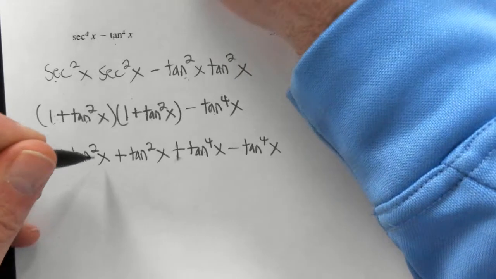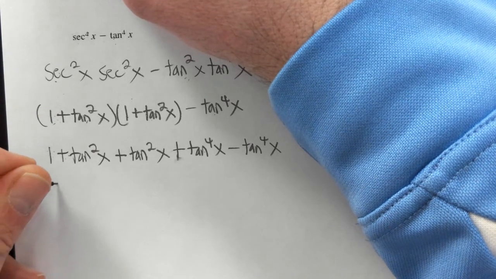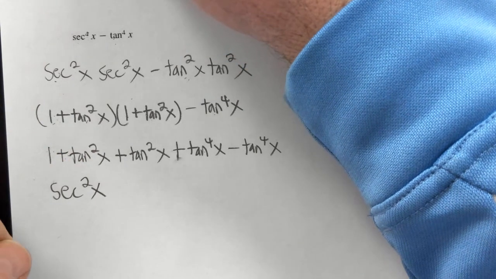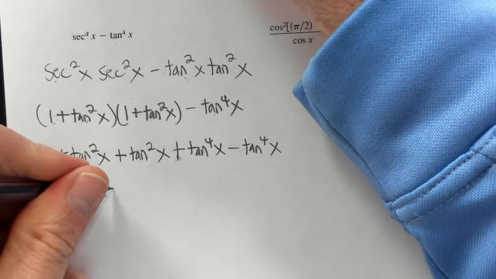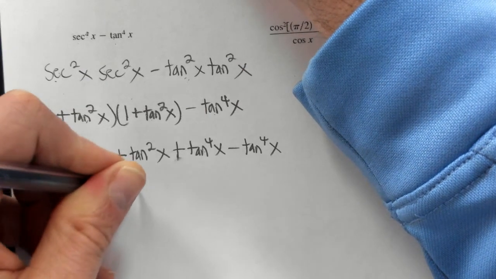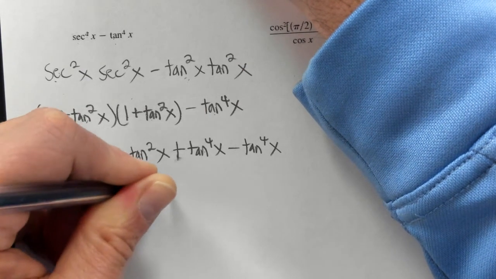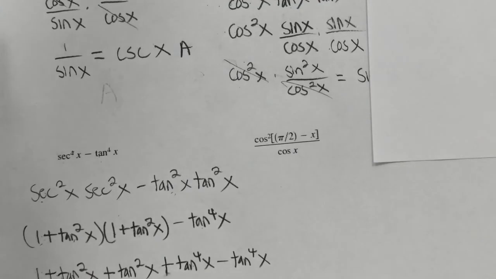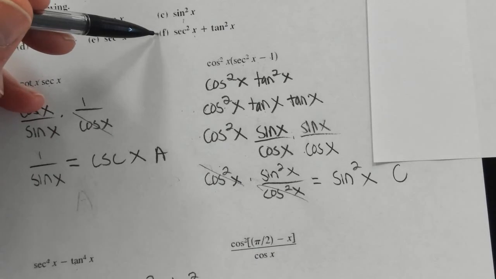So 1 plus tangent squared, again, is equal to secant squared x. All right. This is gone, plus tangent squared x. And lo and behold, if we look back up at the choices for matching, this is one of them. That is choice F.